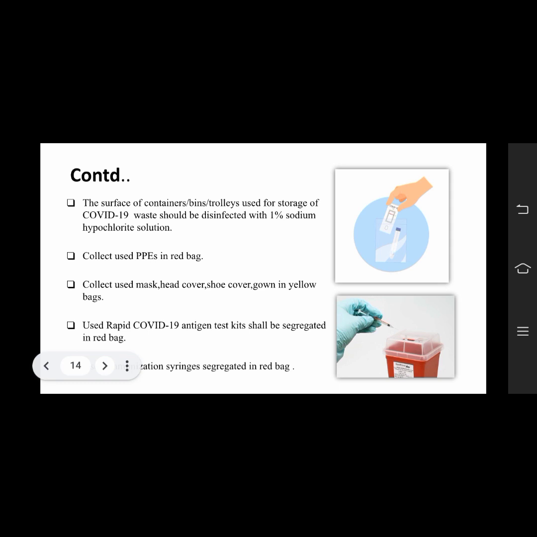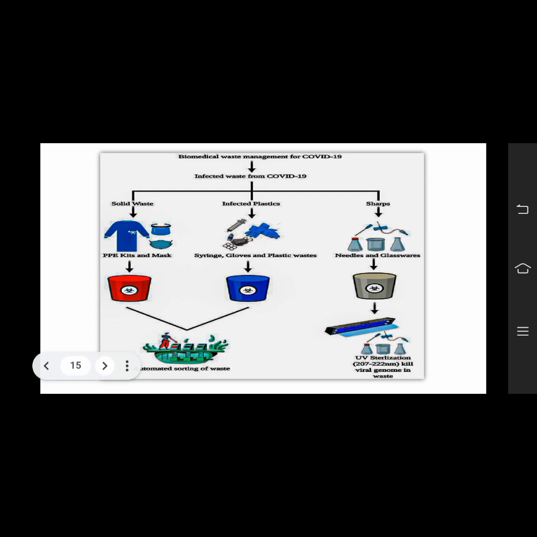Then we also have all these items which we have to discard in the yellow bin. All these kits, all the vaccination needles, all these things which relate to COVID, we have to discard in an appropriate manner, in the properly labeled bin.